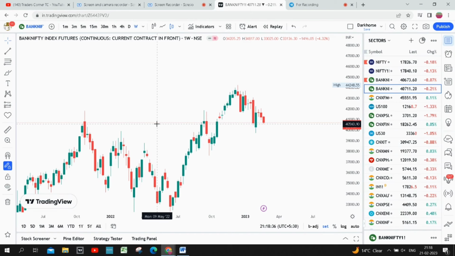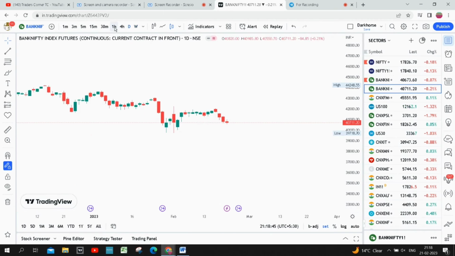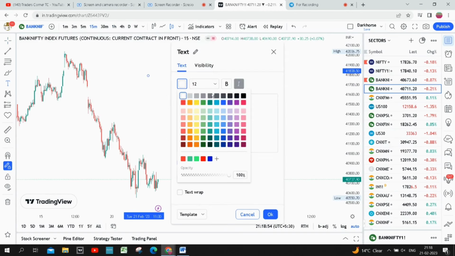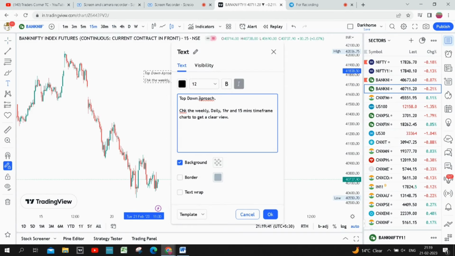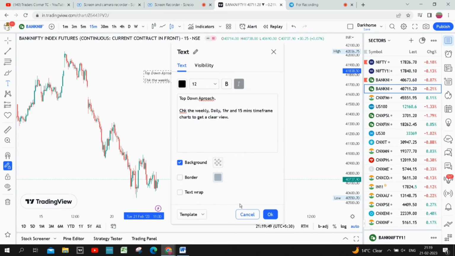My approach to Nifty and Bank Nifty in case of intraday trading is I do an overall view of weekly, daily, 1 hour and 15 minutes. This is what I do whenever I start trading in Nifty and Bank Nifty.